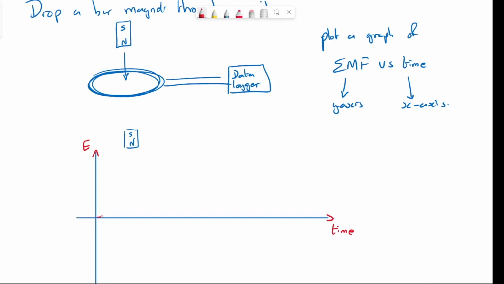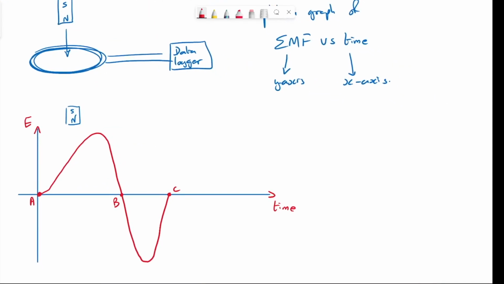Let me draw it first, and then we will discuss it. So let's put the points A, B, and C here on the graph.